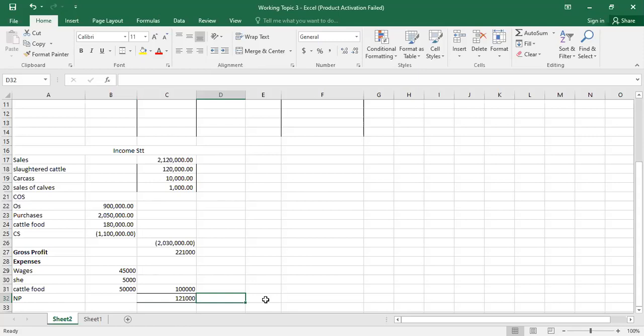Are we good? Yes. So basically, we just transferred the figures that were on the other side to this book to now illustrate it in a vertical format. Any question?